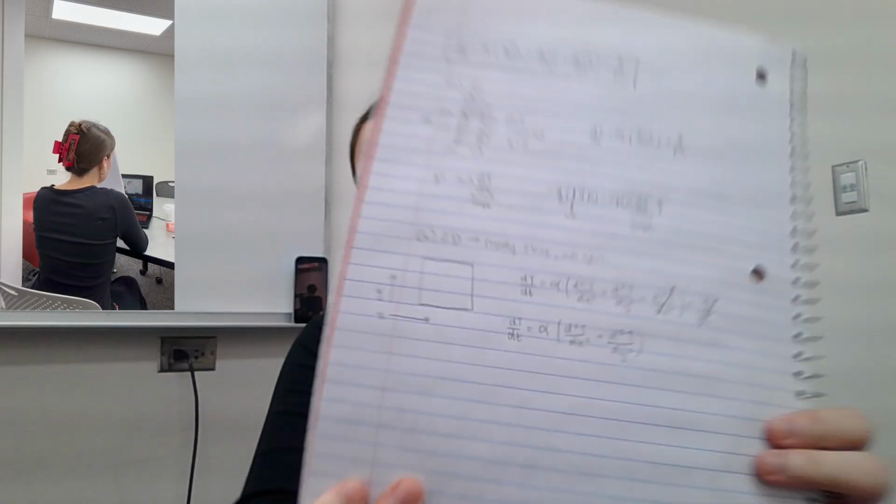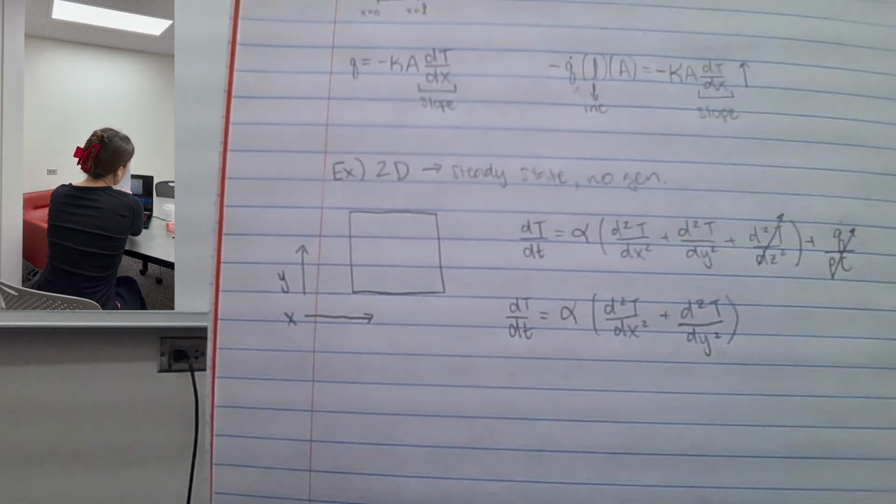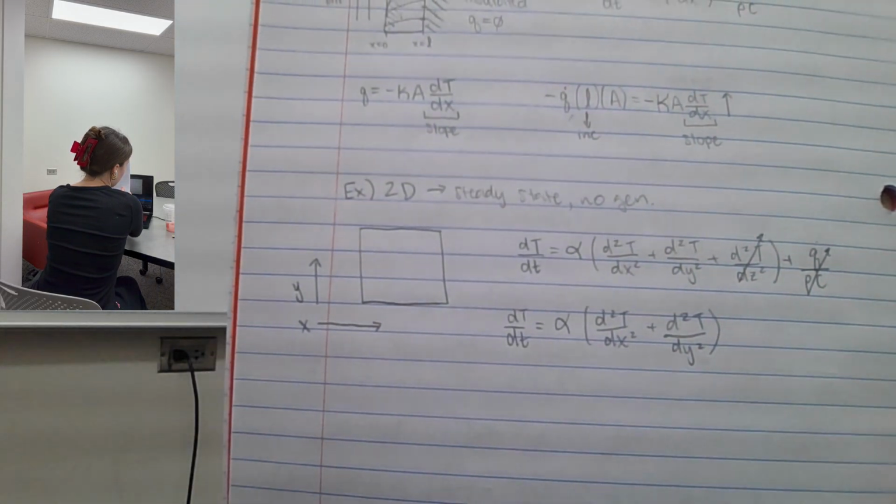So we can go ahead and simplify that and get our dT over dt equals alpha times the second derivative in the x direction plus the second derivative in the y direction. So this is our simplified equation that we have here, and that is now what we're looking at.